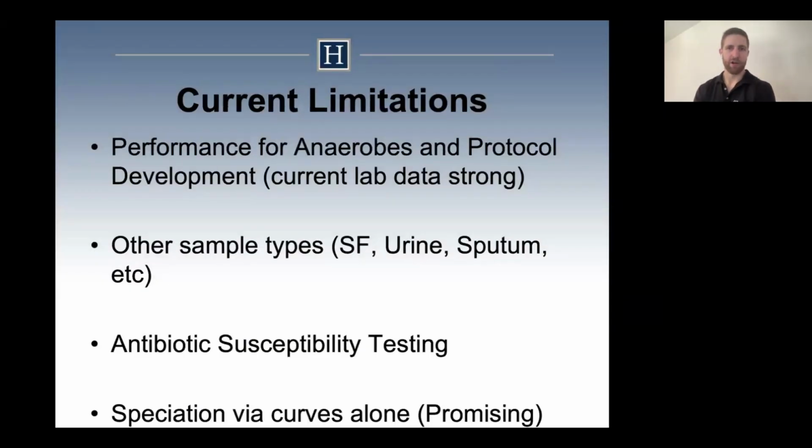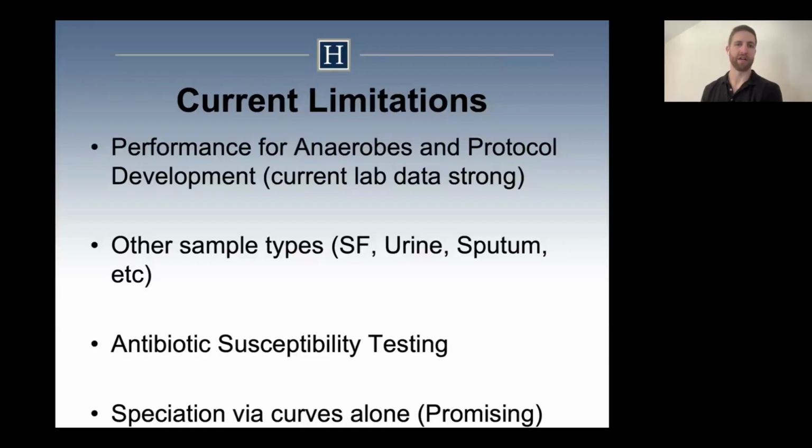So that said, there are some limitations to what we at least currently know about calorimetry and how we can use it for orthopedic infection detection and hopefully improvement in the ID portion of all of this. But one of the things that we still have to optimize is performance for anaerobes and develop a good protocol for that.